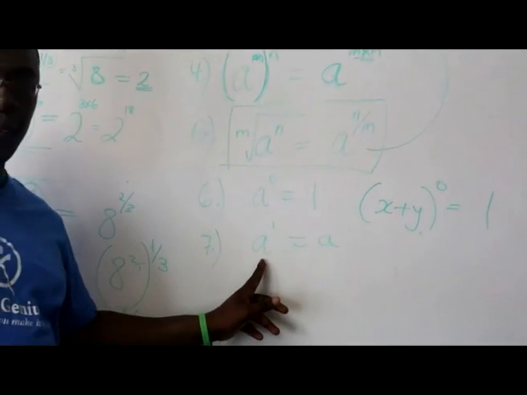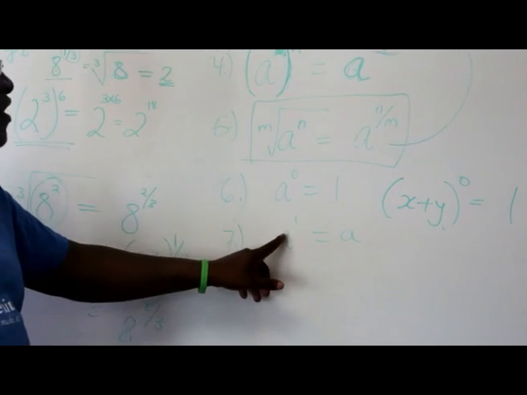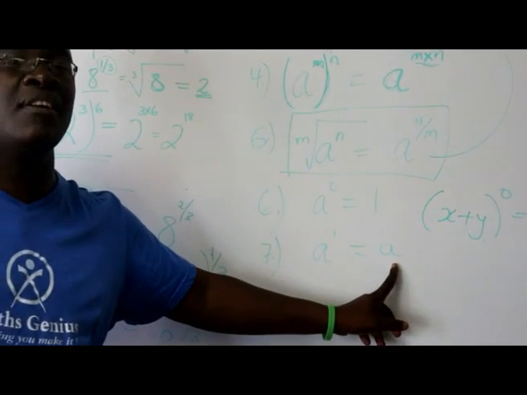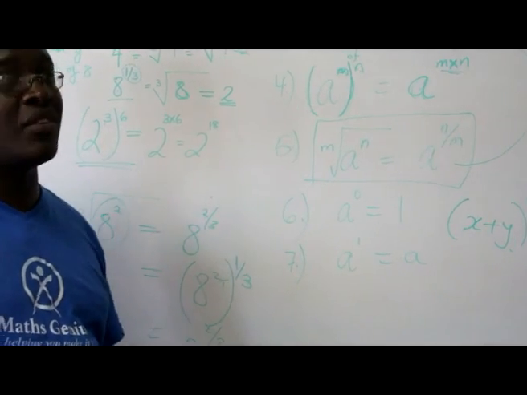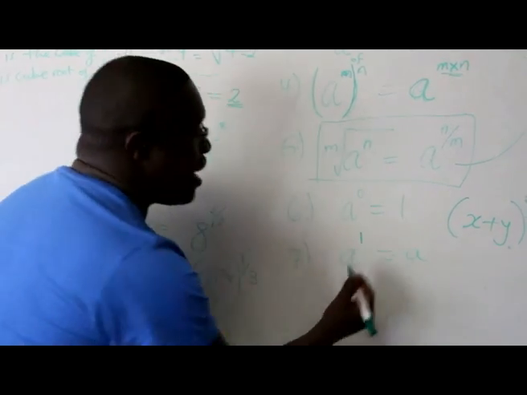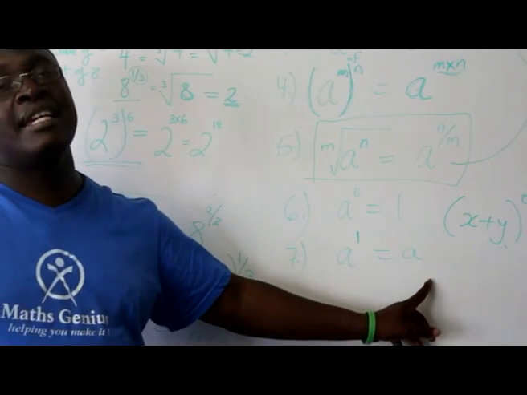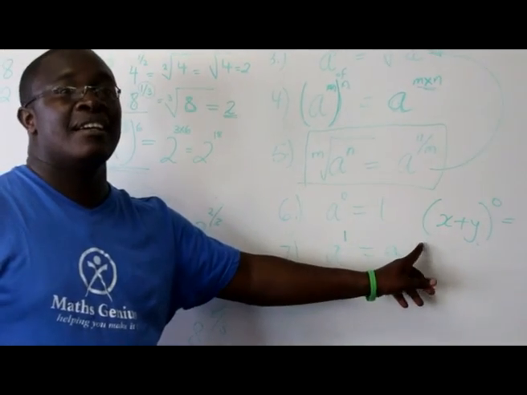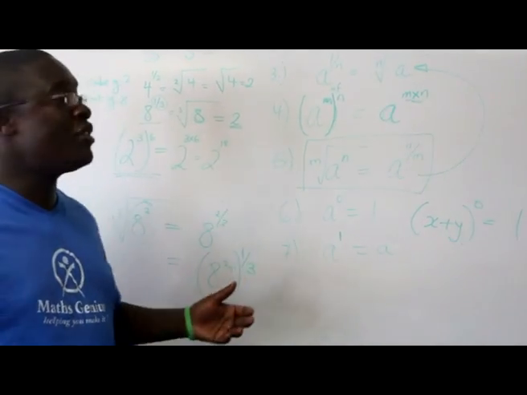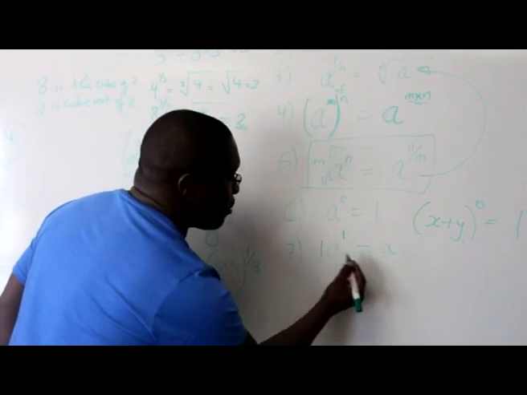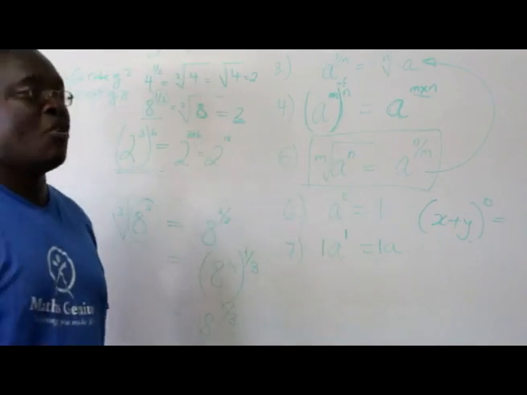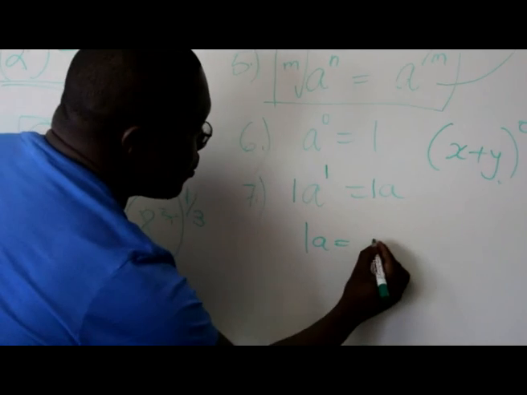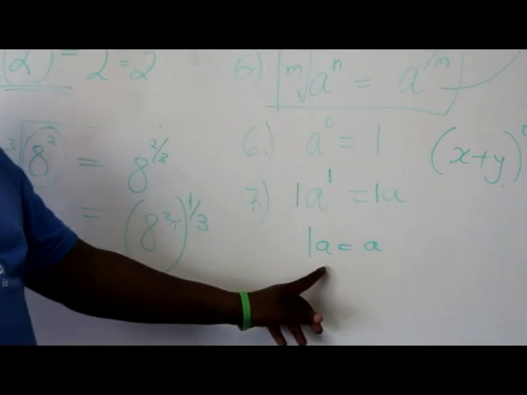Then the last one, we're saying that a to the power of 1 is equal to itself. That's another fundamental one. So whenever you see to the power of 1, you know that it's the same as not putting a power. It's almost the same as the coefficient, where you know that 1a is equal to a, because that's a unity.